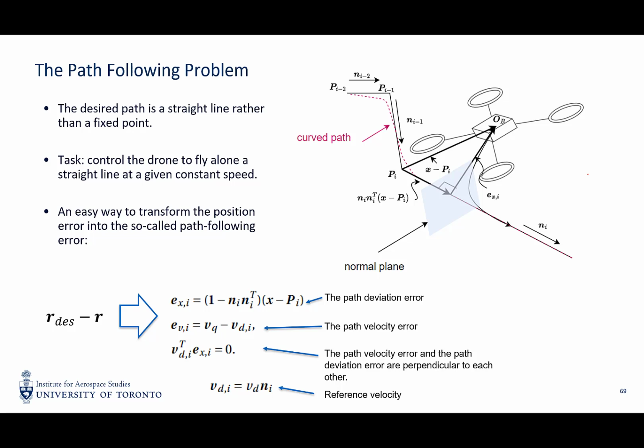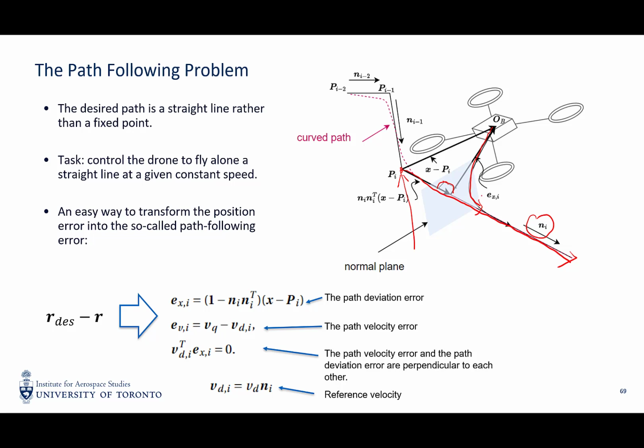Here, the path is determined by a starting point Pi and a direction vector Ni. What we want is for the drone to approach this straight line, and then finally converge to a given cruise speed, such as v, right?